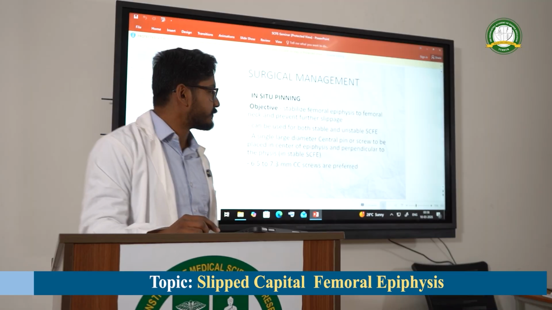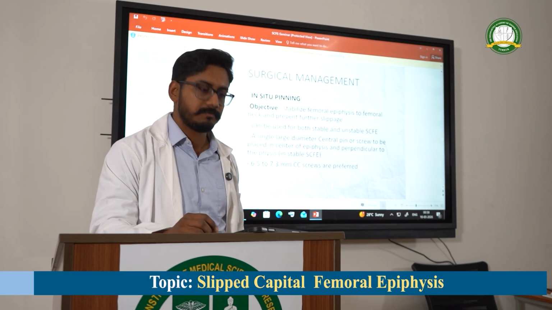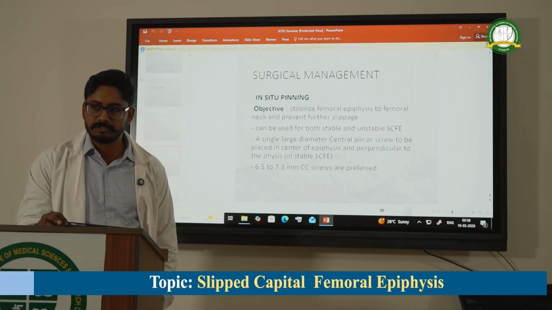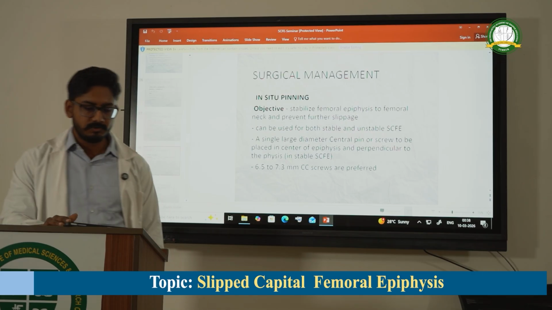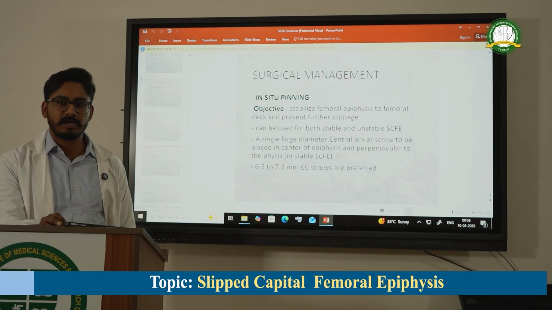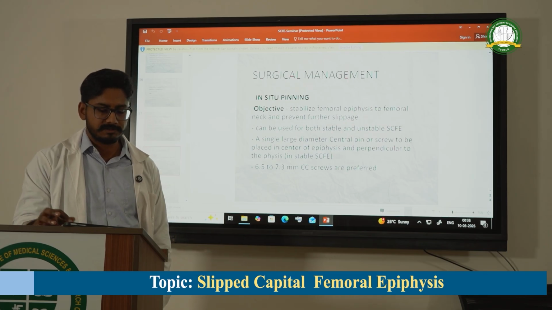Surgical management starts with in situ fixation using pinning or screw fixation. The objective is to stabilize the femoral epiphysis to the femoral neck and prevent further slippage. It can be used for both stable and unstable SCFE. A single large diameter central pin or screw is to be placed in the center of the epiphysis and perpendicular to the physis.